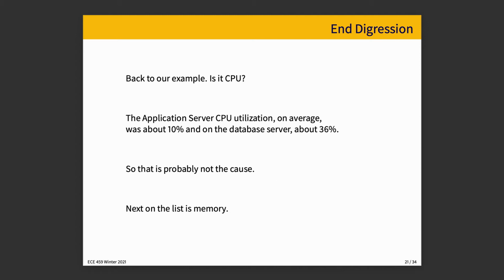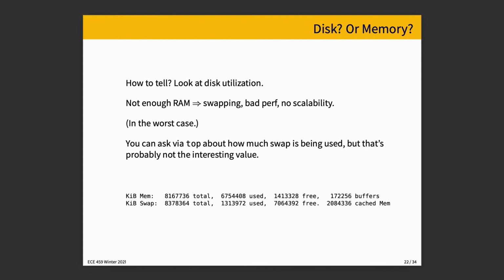So let's look at memory. Okay. Looking at memory, how could you do that? Well, actually, one shortcut for that is looking at disk utilization. Why? If there's not enough RAM in the machine, there will be swapping and performance goes out the window because the scalability is absolutely ruined by, unfortunately, having to swap unnecessarily.